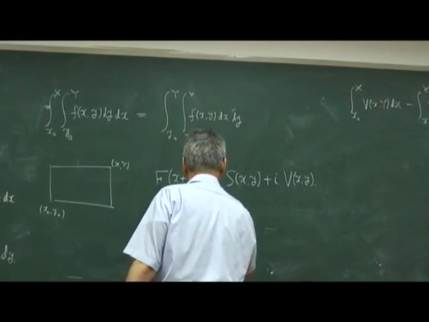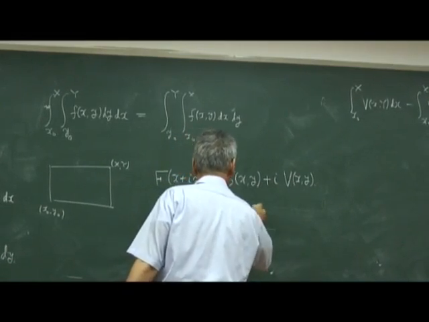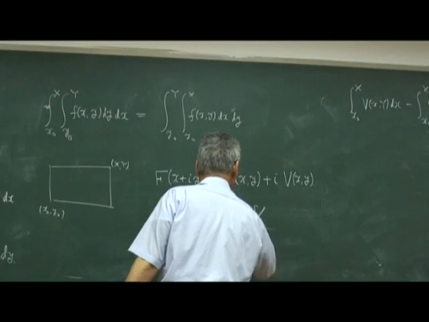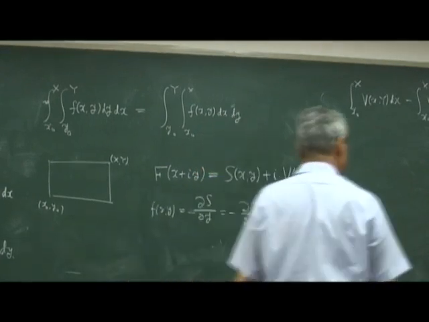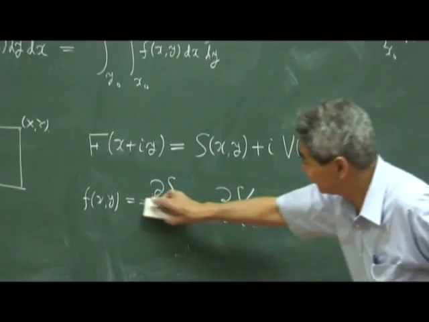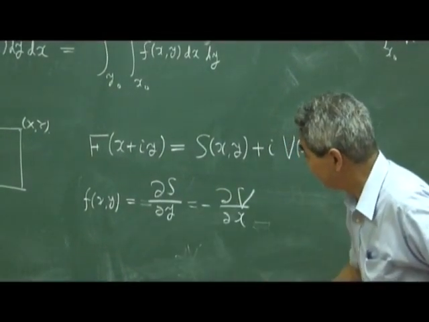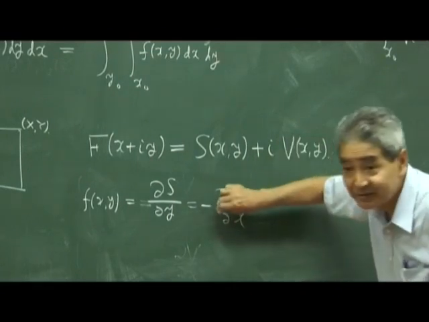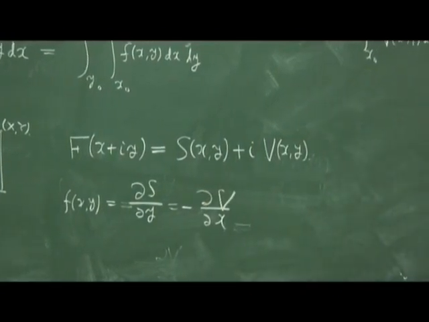But next is just to apply f(x,y) again: du/dy equals minus dv/dx now. Now apply the same thing, but only be careful: the sign is now opposite, minus.